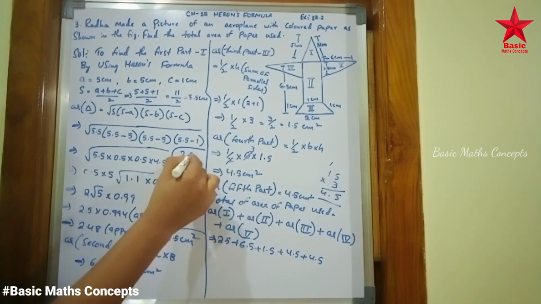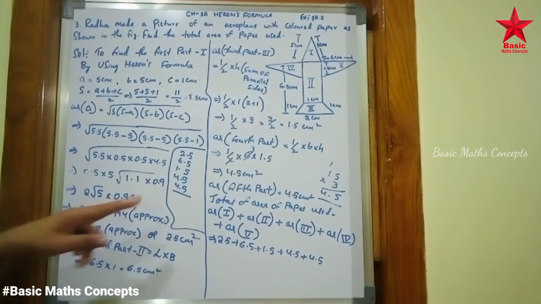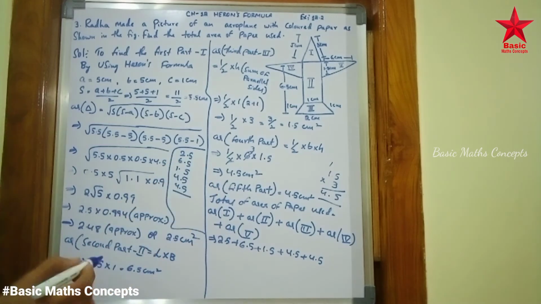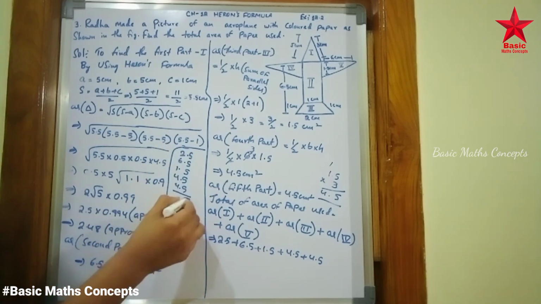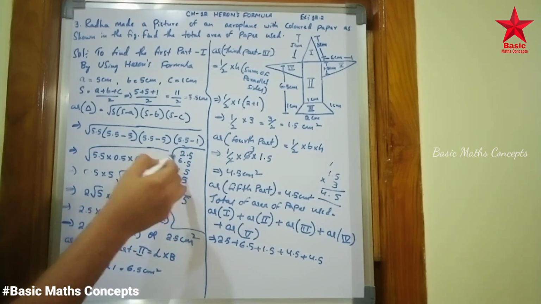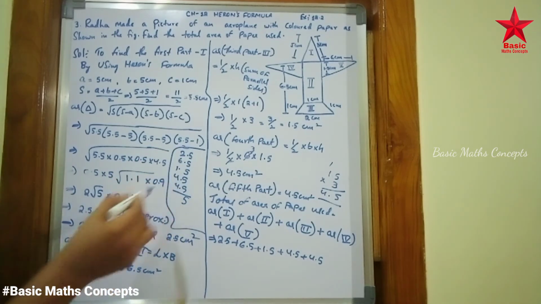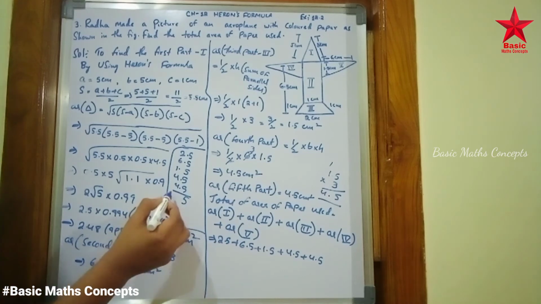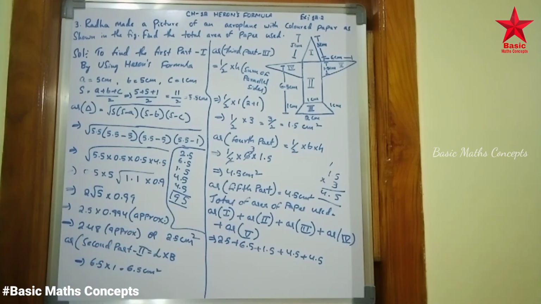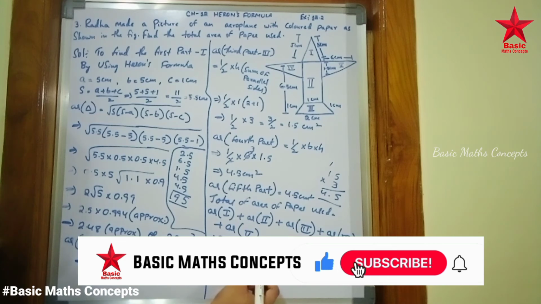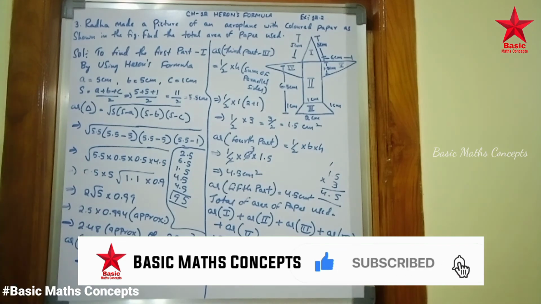Adding the 5s, 5 and 5 is 10, plus the remaining 5 is 25. Sorry, the sum is 195 here. Now we have to convert it into decimals, so 19.5 centimeters square is the answer.